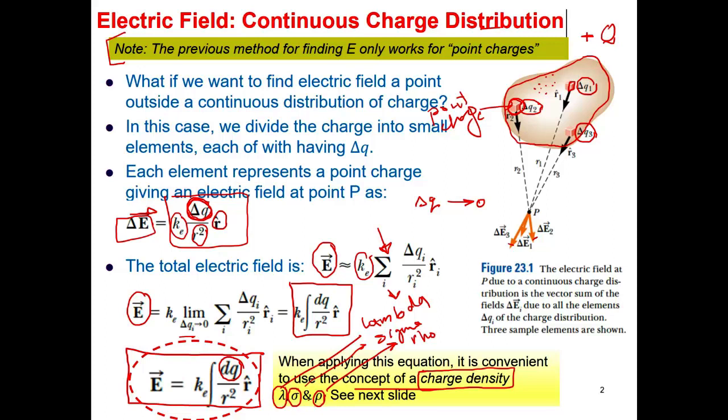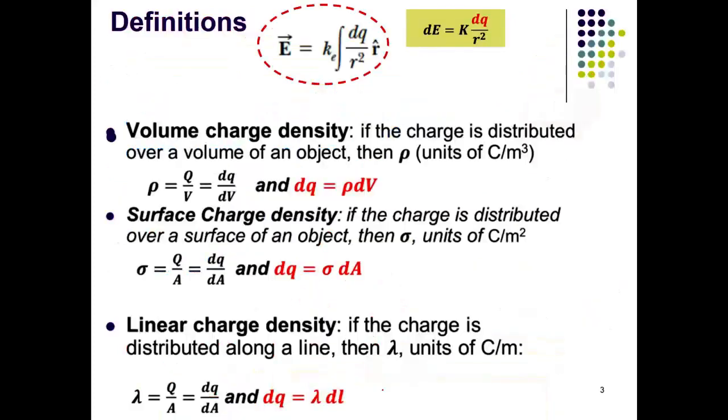Now, how do we know which one we should use? Well, it depends on the question. If the question is one dimension, we will use lambda. If the question is two dimension, we will use sigma. If three dimension, we will use rho.